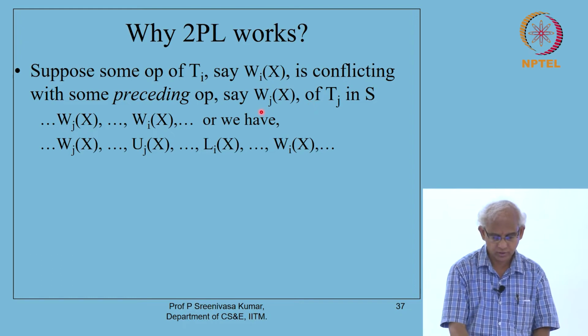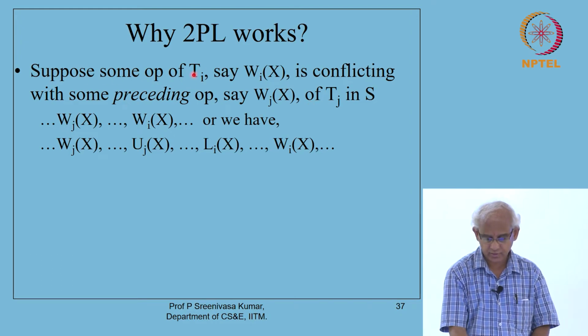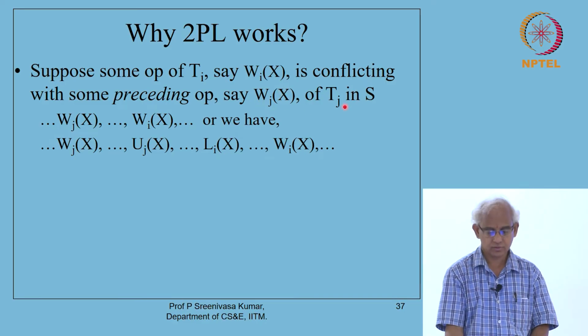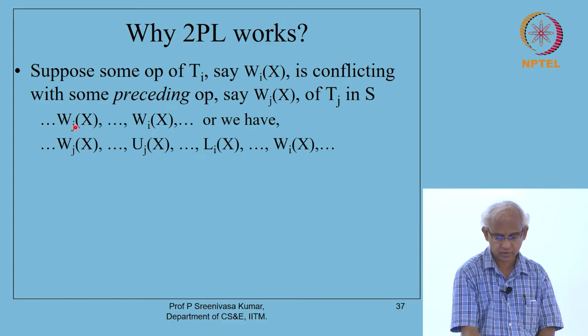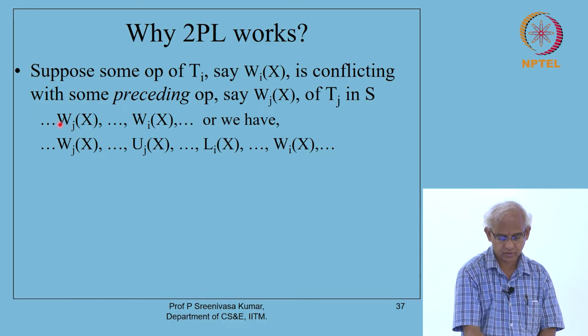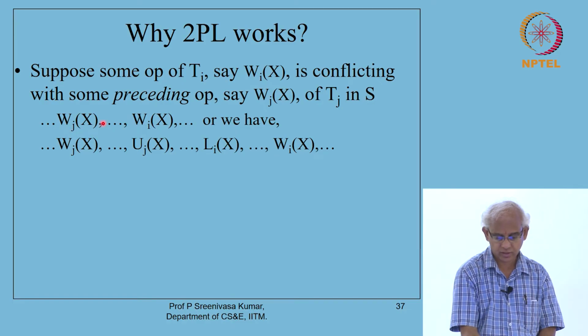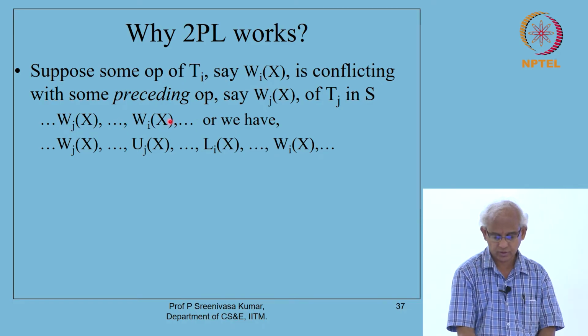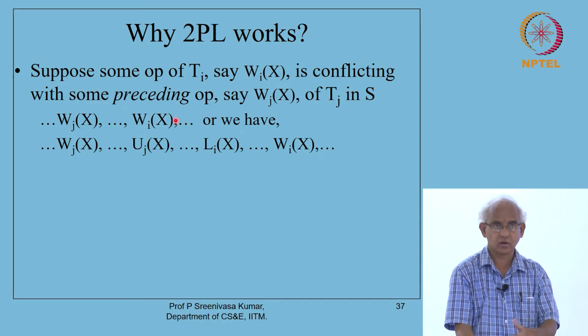Okay. So, let us suppose that some operation of Ti, let us take it as Wi of x, is conflicting with some preceding operation, and let us also choose that Wj of x in this schedule. So, it is happening like this: the schedule has some preceding operations, Wj of x comes here, and then after some time Wi of x comes. If this is what is happening in the schedule, then we can now insert the lock and unlock operations.